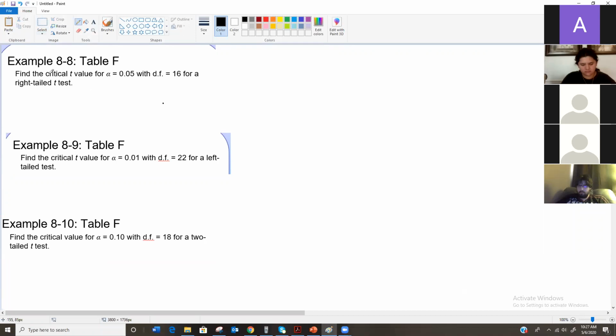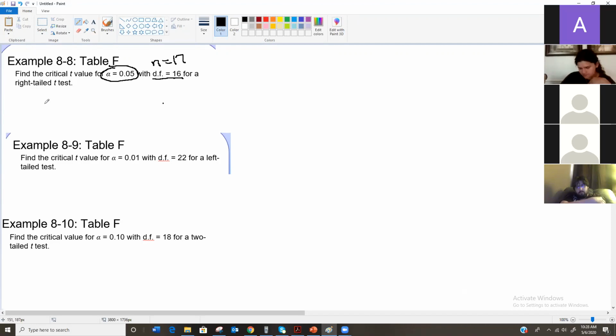So this first one says alpha is 0.05, and it gives us that degrees of freedom is 16, but they're never going to give you the degrees of freedom. They're just going to give you the sample size. So if degrees of freedom is 16, what was the sample size? 17. 17, yep. So in the problem, you're going to get that the sample size is 17, and then you have to know that means the degrees of freedom is 16.